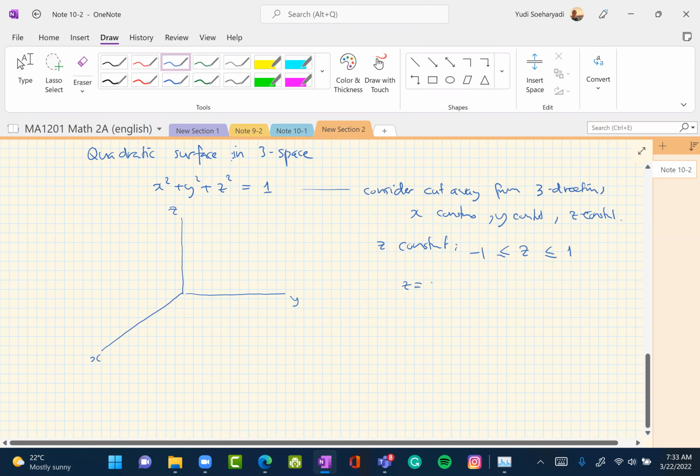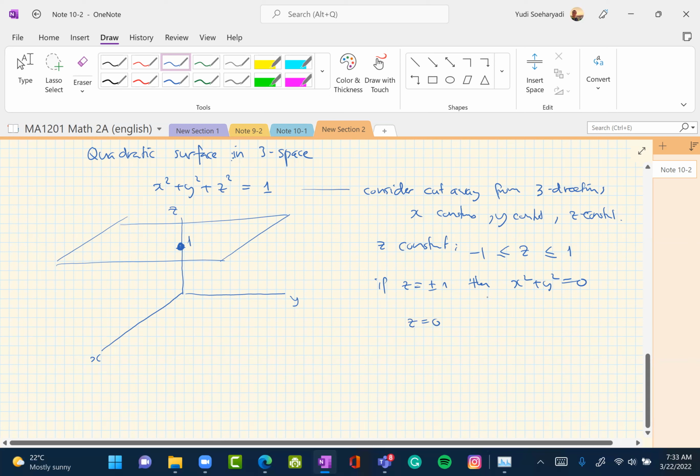So when z equals plus or minus 1, x and y should be 0. So that means if you make a cut here, say this one, this is z equals 1, then you only get this point. All right. What about z equals 0?